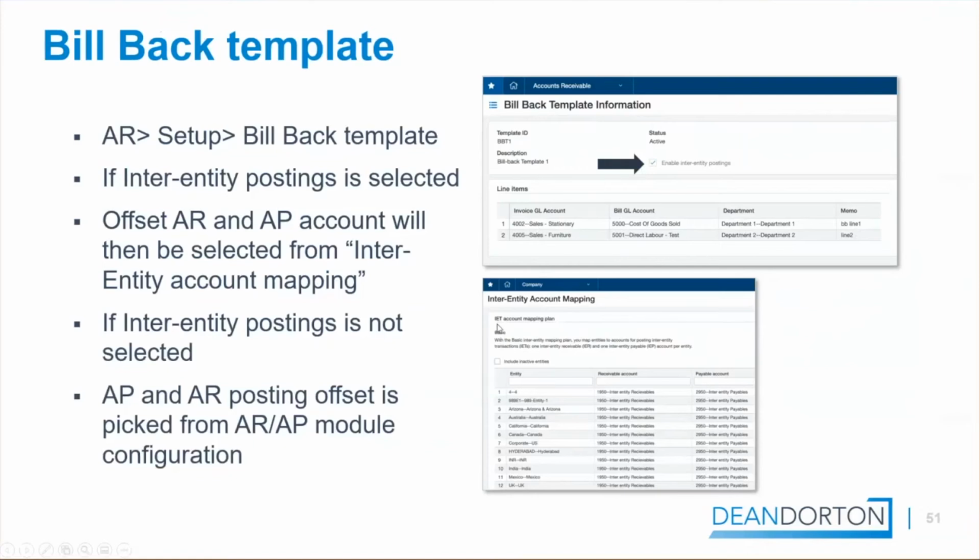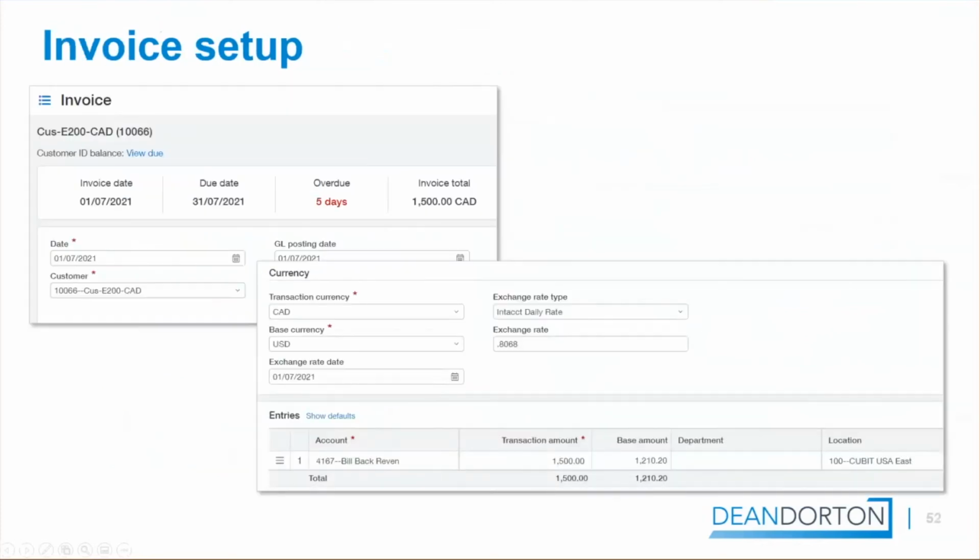And then here's your inter-entity account mapping with the receivables, the payables, and the different entities that are involved. Okay. So just a little bit more setup here with these. And then if you're looking at the invoice, this is an example of an invoice here with a customer's balance.